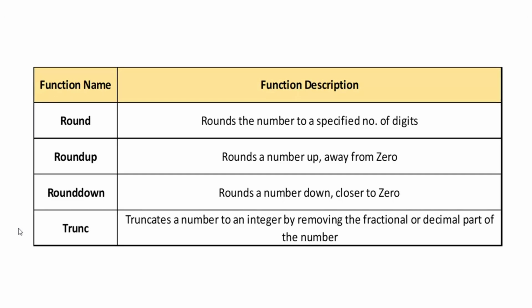The first scenario is where the argument 2 or num digit has value equal to 0 assigned to it. The number is then rounded off with no decimal part in the output. In scenario 2, argument 2 is greater than 0. The number is then rounded off to the tens, hundreds or thousands place with no decimal part assigned to it.